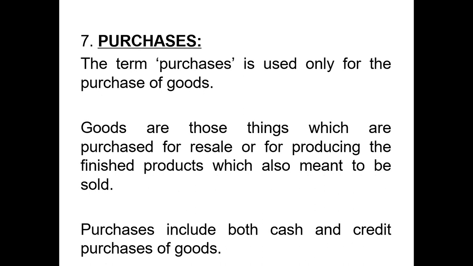And the purchase of furniture, purchase of building, purchase of machinery, etc. will not be termed as purchases here. We have to specifically mention in the books that it is a purchase of building, a purchase of furniture, a purchase of machinery.